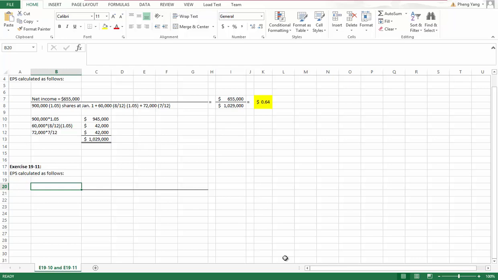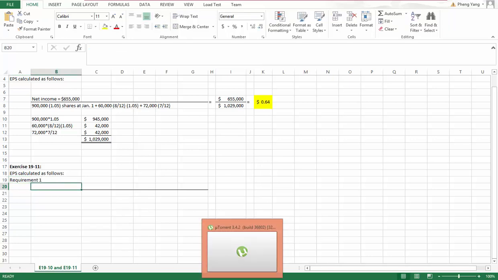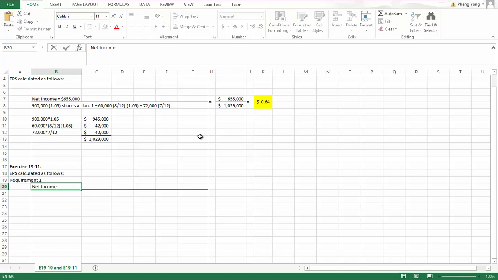All right, so this is requirement 1. Once again, to calculate EPS, we have to take net income, which is 400,000.